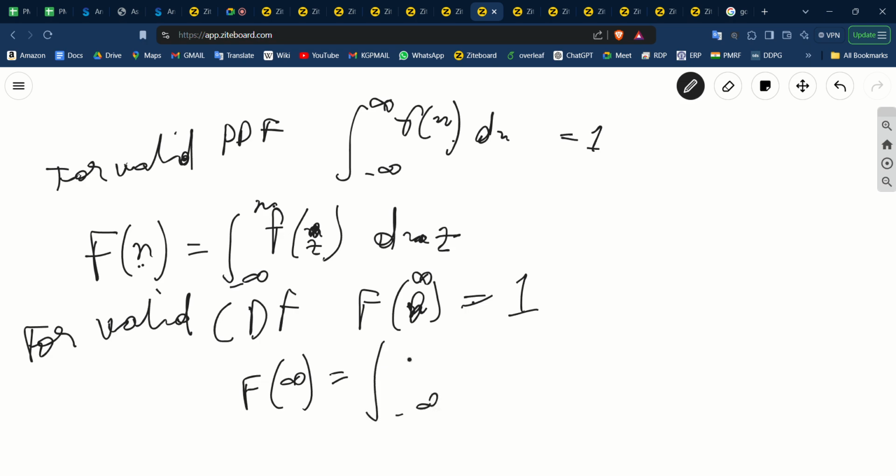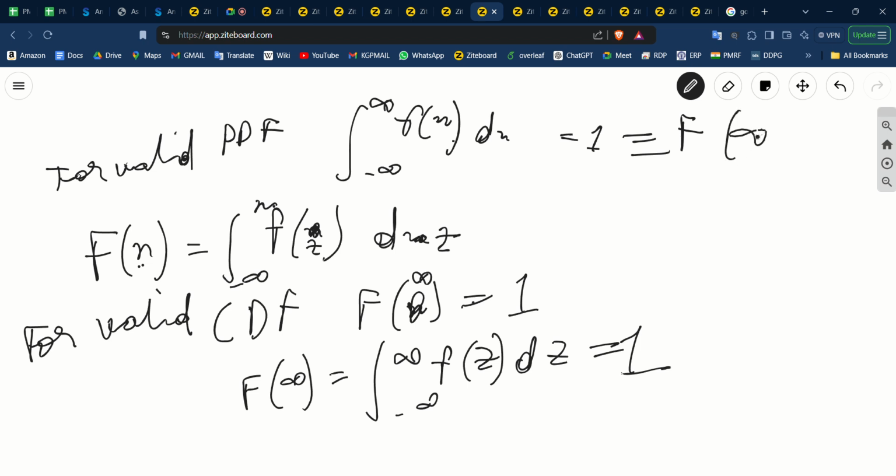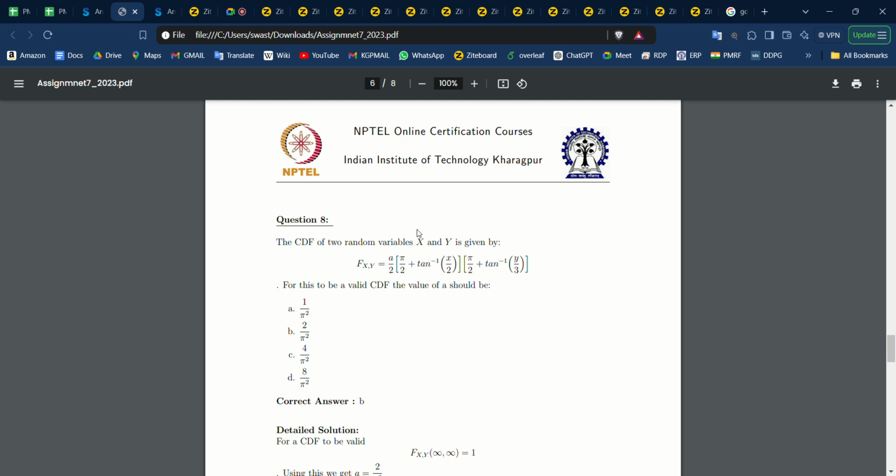F infinity is minus infinity to infinity f(z) dz. So what is the value of this? For a valid probability distribution, this should be 1. So F infinity equal to 1. So this integration small f(x) dx equal to 1 is equivalent to capital F infinity equal to 1. So in this joint CDF, we just have to put infinity and we have to see whether it's 1 or not. That's it.